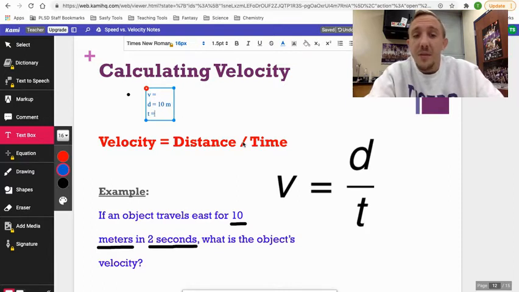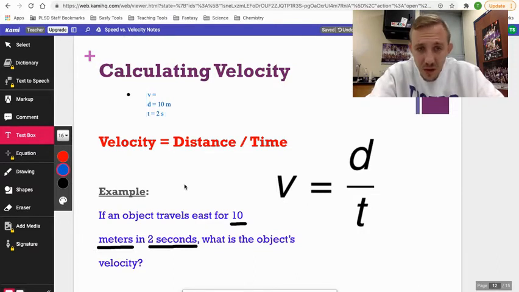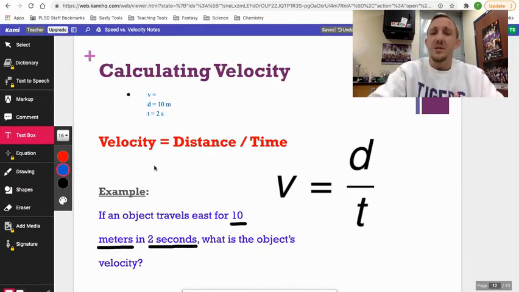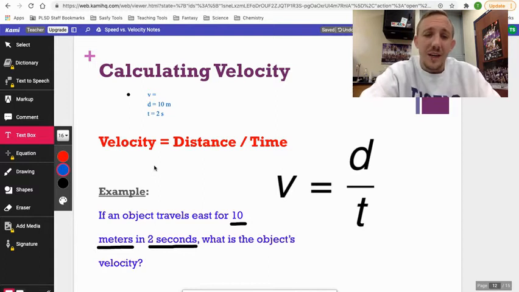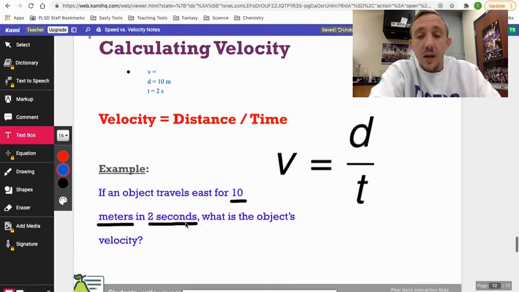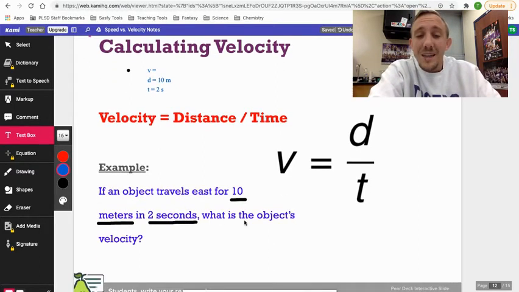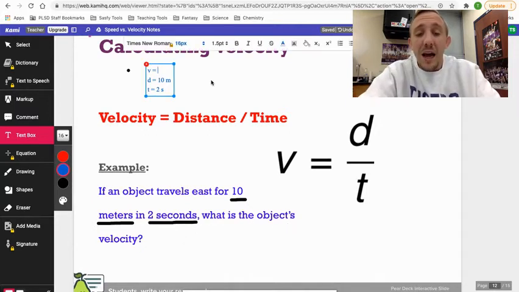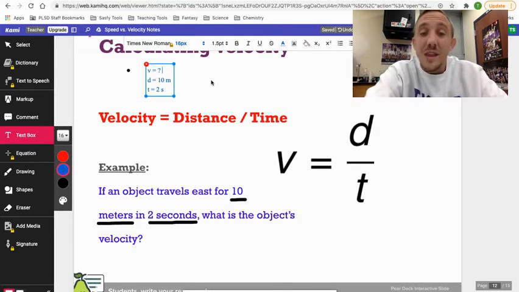And then you have time, which is 2 seconds. You're like, well, Mr. Sasty, your velocity, we don't have it. But the question says, what is the object's velocity? Right now, I don't know what my velocity is. So that is what I'm solving for.